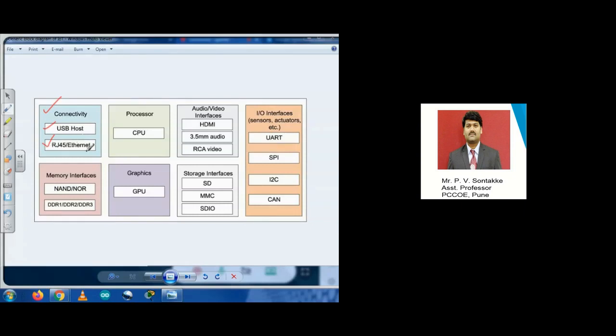So this Ethernet port should be available. If I'm talking about Ethernet, we have the evolution of Ethernet: standard Ethernet, gigabit Ethernet, 10 gigabit Ethernet. I think you might be studying this in your ITCT or computer networks course. The evolution includes 10BASE-T, 10BASE-F, 10BASE-TX, 10BASE-FX, based on the different cabling used.